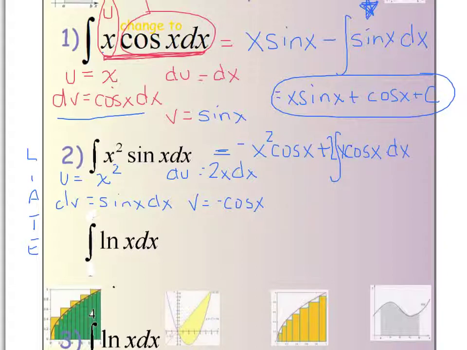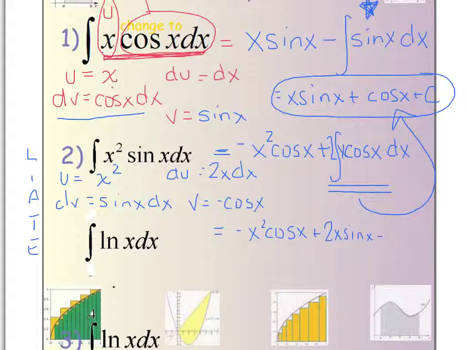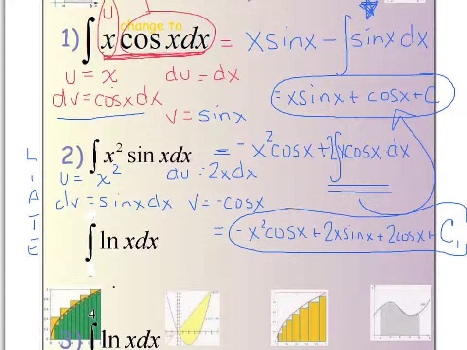We actually just did this one. This integral is again a product of dissimilar functions, but it is this lovely thing right here. So the final solution to this would be negative x squared times cosine of x plus 2 times that stuff, 2x sine of x plus 2 cosine of x plus, now I'm taking 2 times it, so I'll say c sub 1. A different constant than what was used in number 1.